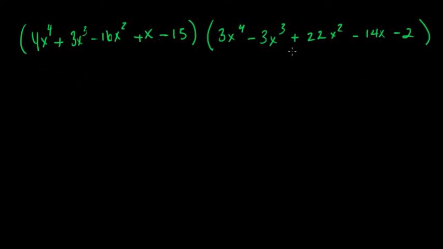Now let's go down to the square powers, the powers of 2. We have 32, minus 14, minus 330, and we're going to get minus 312x squared. Let's make that noticeable.